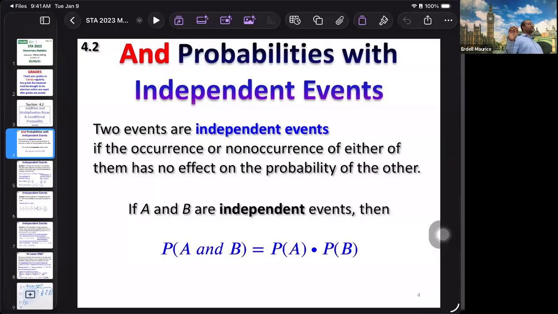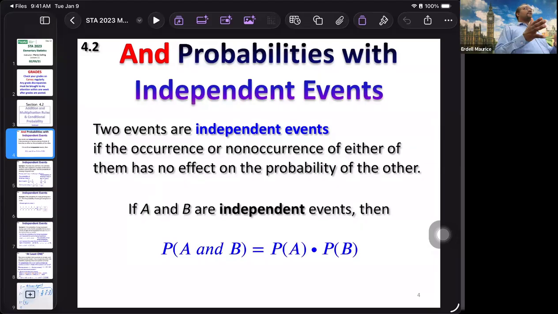For example, whether or not you arrive to class on time and whether the chemistry building is open. Those things have nothing to do with each other, so these events are independent. In other words, there is no way that the two events are linked together.